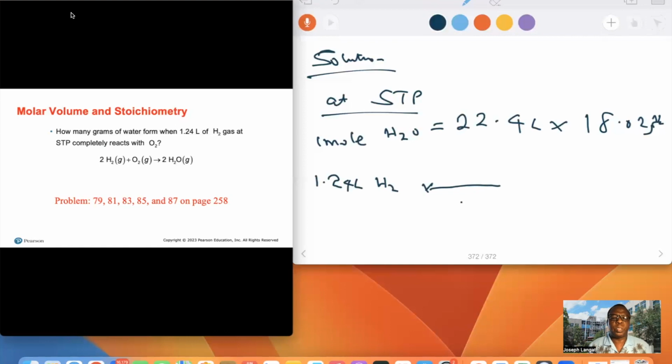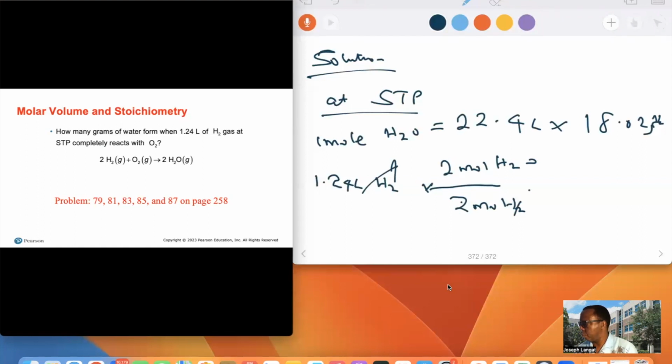If you have 1.24 liters of hydrogen gas, we can use the mole ratio here that 2 moles of hydrogen give 2 moles of water. This gives us liters of hydrogen gas.